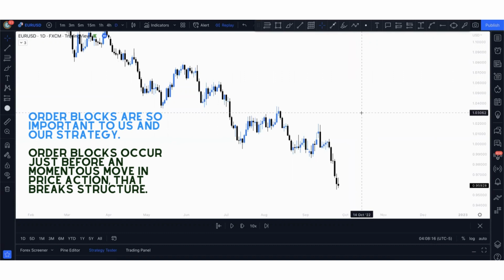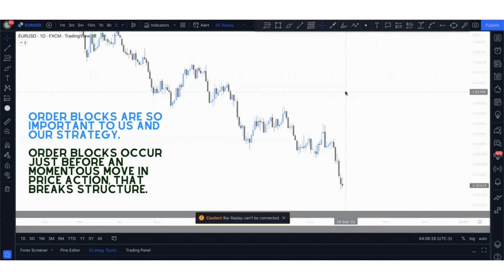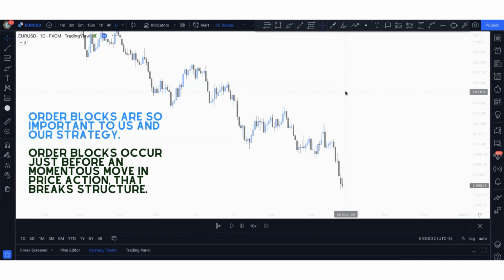So an order block is an up or down candle that caused the break, or impulsive break, from the bearish or bullish move.